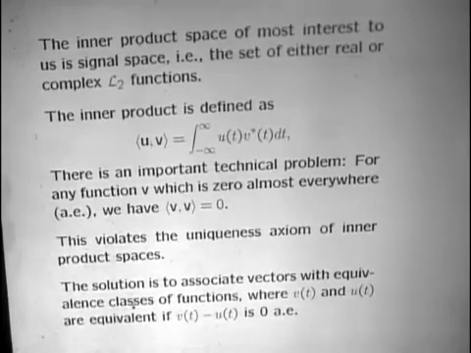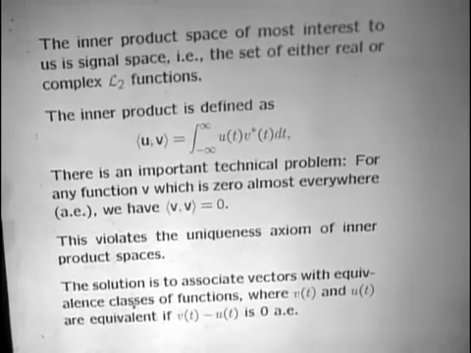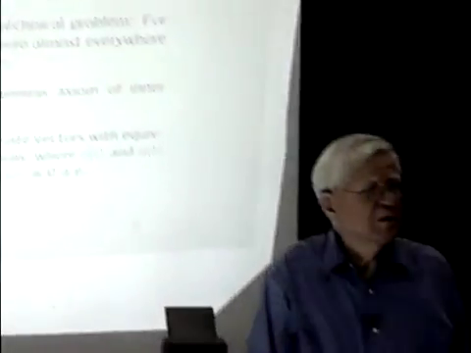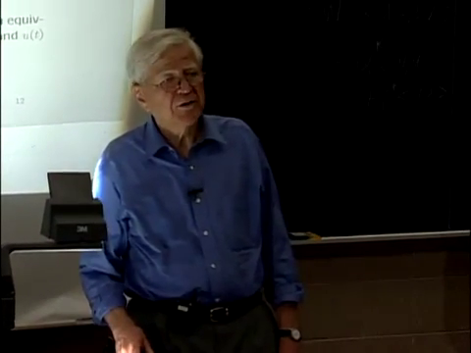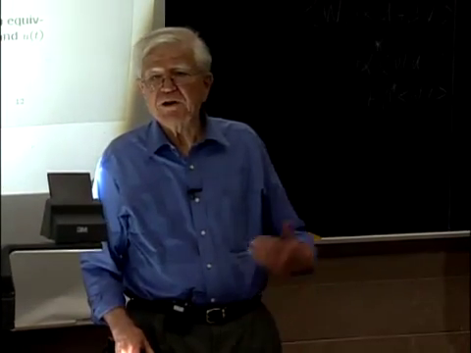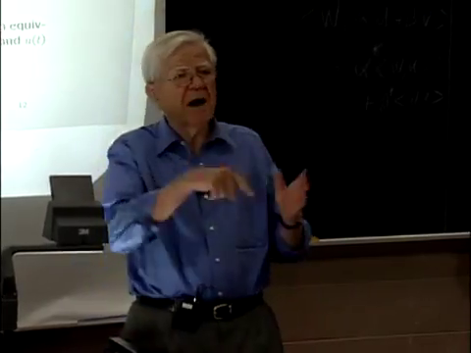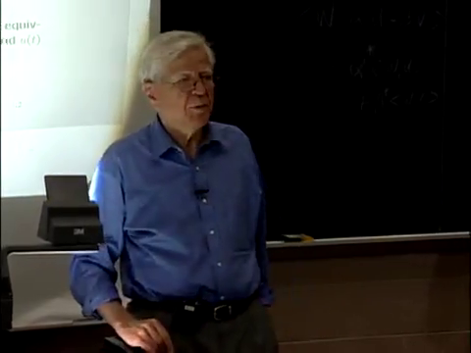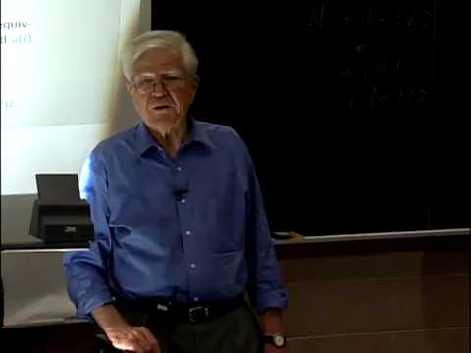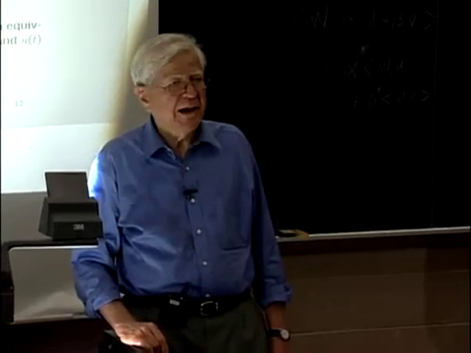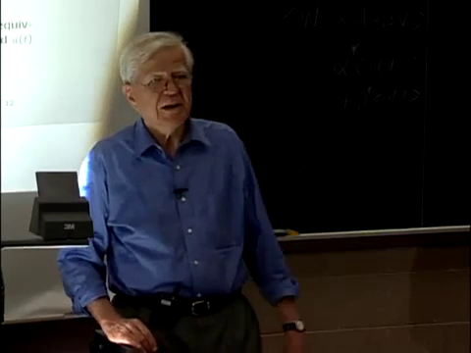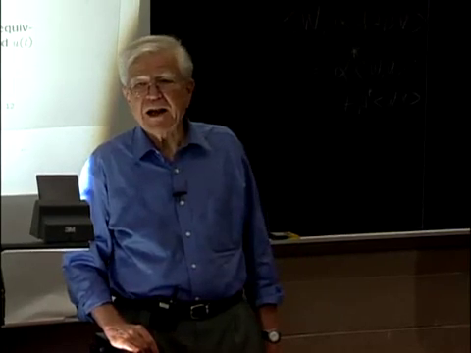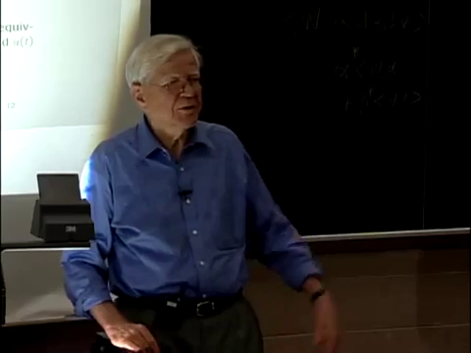Now, we have all these crazy vectors we've been talking about which are 0 except on a set of measure 0. In other words, functions which have 0 energy but just pop up at various isolated points and have values there, which we really can't get rid of if we view a function as something which is defined at every value of t. You have to accept those things as part of what you're dealing with.